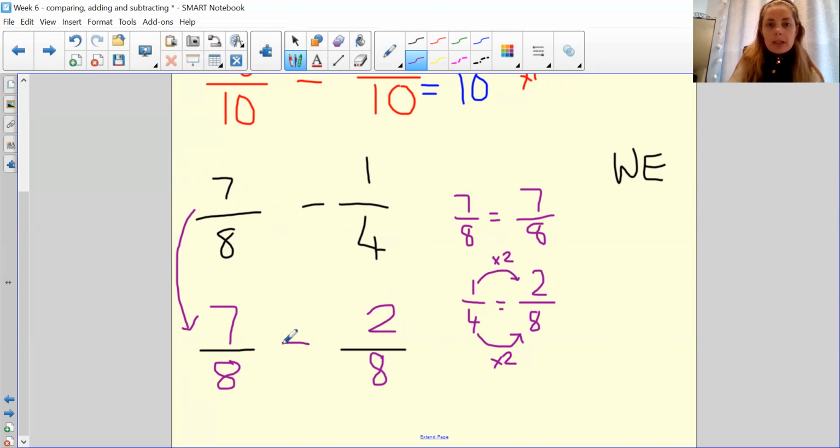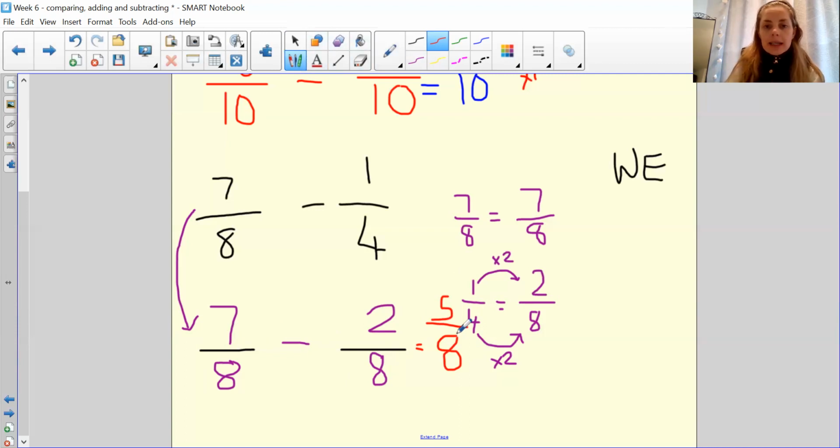Now, it's very important that you're not going to add these numbers today because we are subtracting. Now that my bottom numbers are the same, I can simply subtract the top numbers. So 7 minus 2 is 5, and I leave the bottom number the same. Hopefully, you managed to do that.